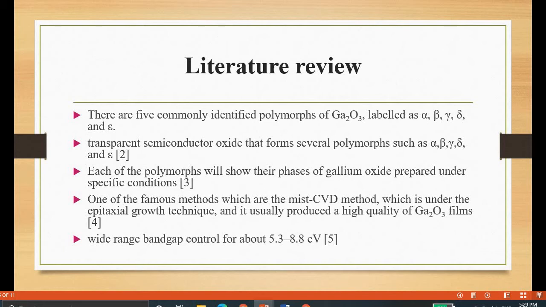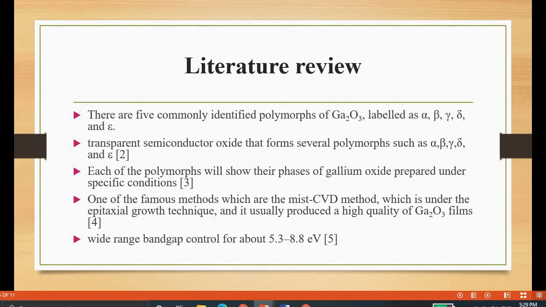Each polymorph shows phases of gallium oxide prepared under certain specific conditions, and different conditions might eventually create different kinds of polymorphs.